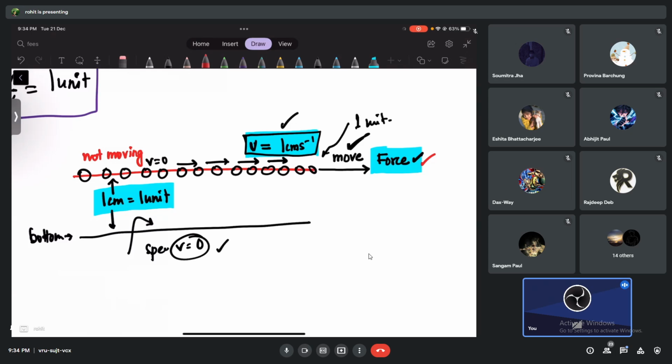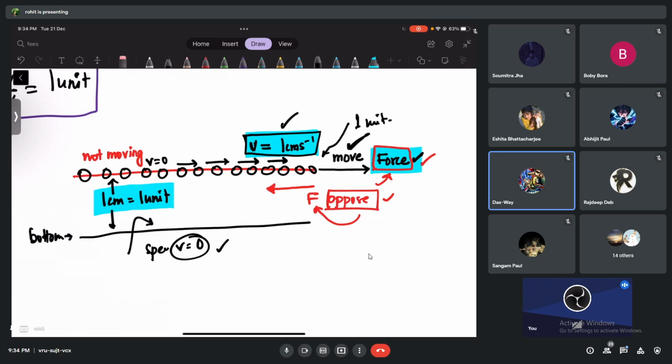Do you agree that I must apply a force which is equal to exactly the opposing force between these layers or not? I should oppose this force or not? Yes, sir.